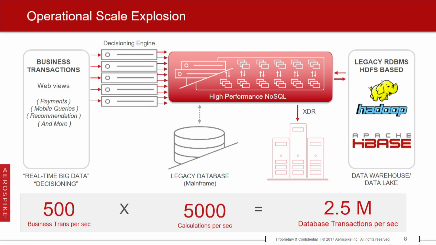And this essentially means that you need a front-edge transactional database at the level of a Google or a Facebook, for an enterprise which is doing 500 things per second. This is their business. And that's where all of these requirements start coming from, right?